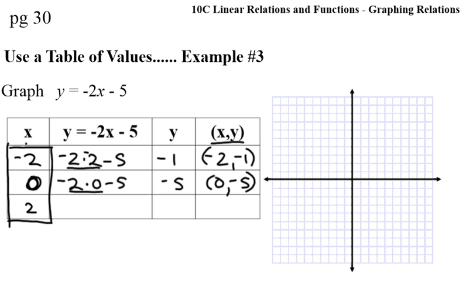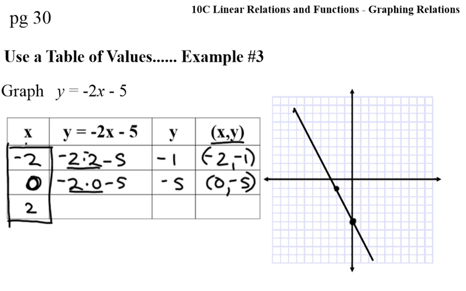Now, those 2 points, (-2, -1) and (0, -5), are enough points if I want to draw my graph. I can draw it.